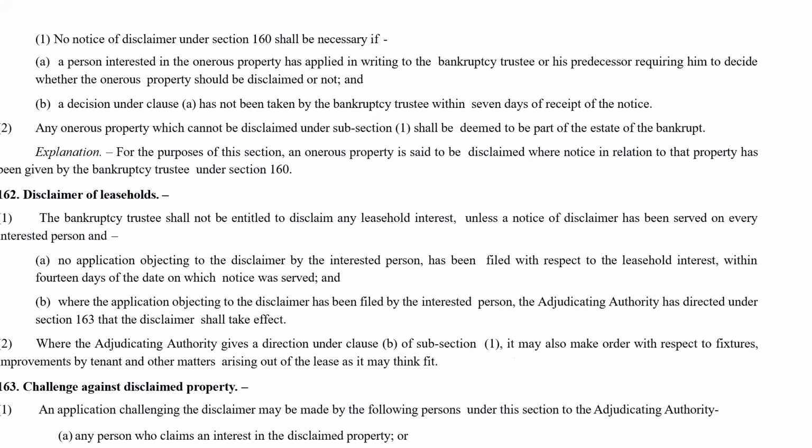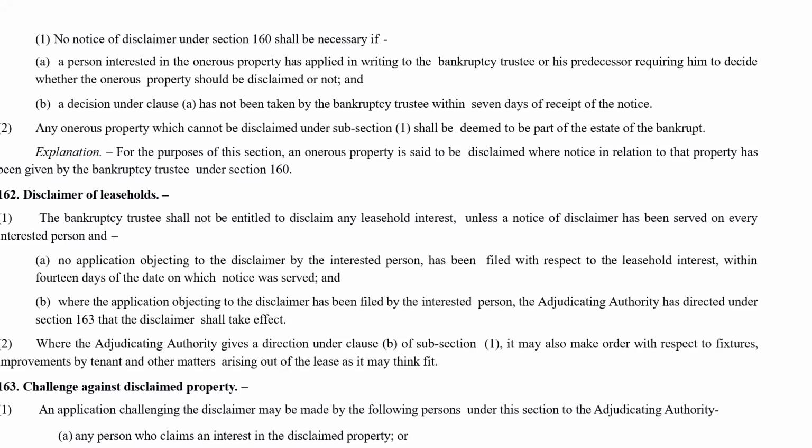Because in case of lease, there may be a sub-lessee also. Suppose it's a mining lease. Suppose it is a lease to run the cinema hall. So in that case, there may be some other persons also who may be interested. So you have to give the notice of disclaimer to every interested person.